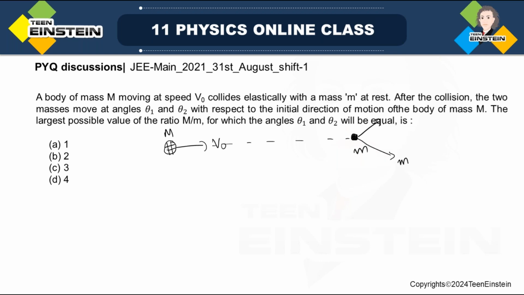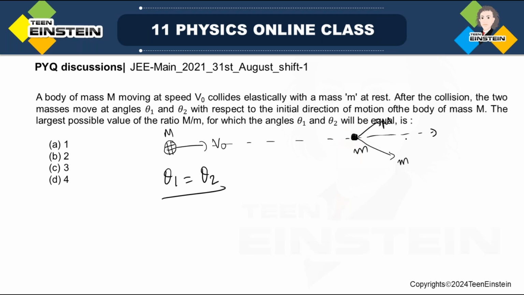So small mass m and this side capital M. We have to find out the largest possible value of the ratio of capital M by small m, for which theta 1 equals theta 2. Theta 1 and theta 2 will be equal. This problem, if we try to solve, is very easy to solve.